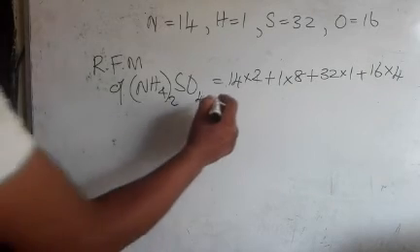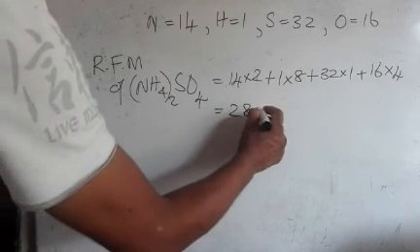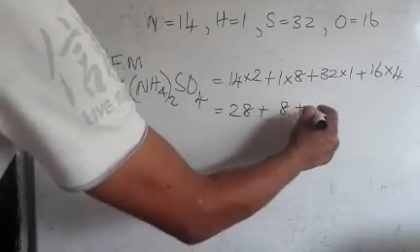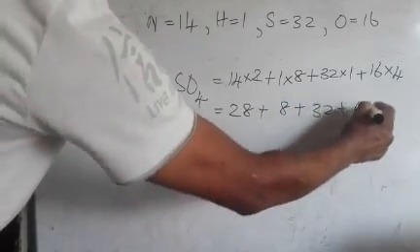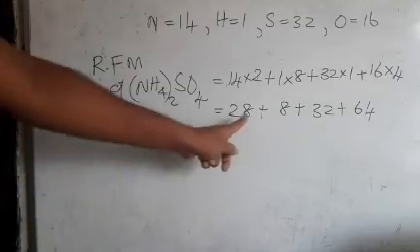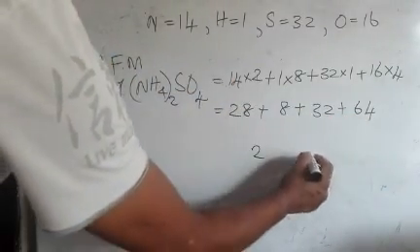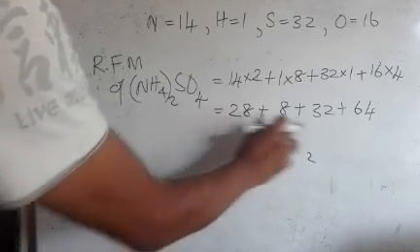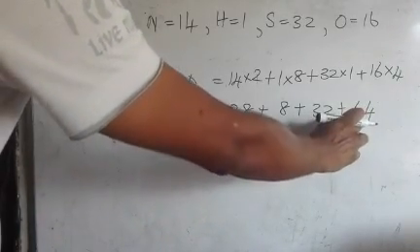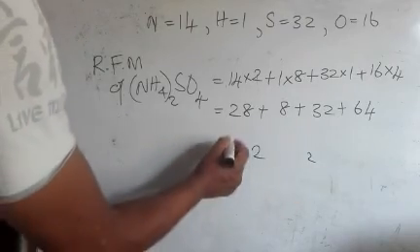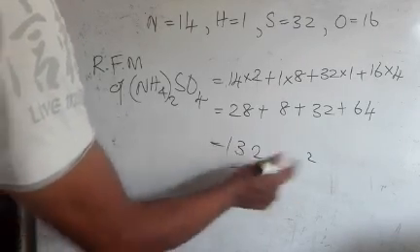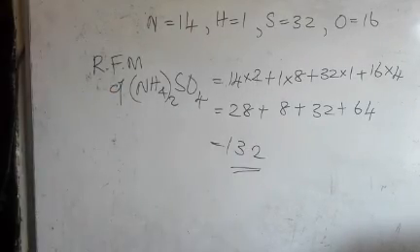After multiplying you get 28 plus 8 plus 32 plus 64. Adding these up, you get 132. So the relative formula mass of ammonium sulfate is 132.